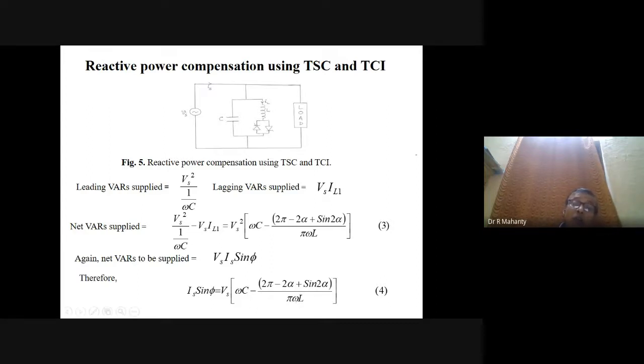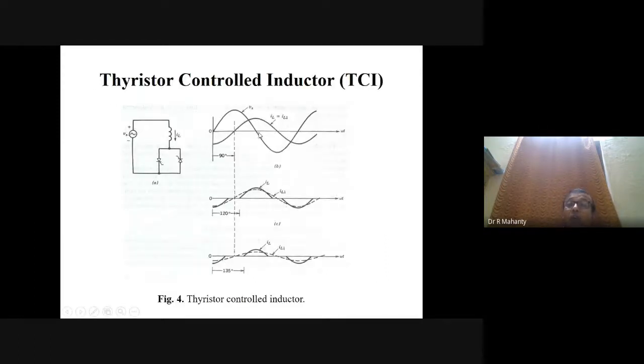Therefore, what you have to do is measure the value of the reactive part of the current. Okay, and if you can measure the reactive part of the current, then this equation number 4 gives you the value of alpha for the unity power factor condition. Therefore, at the zero crossing of the voltage, you have to measure this current.